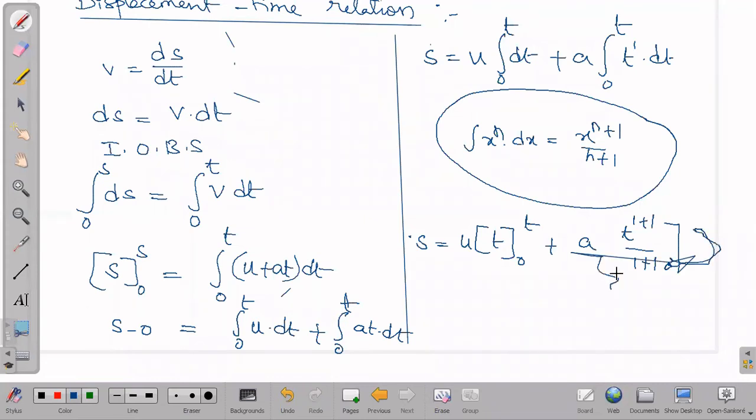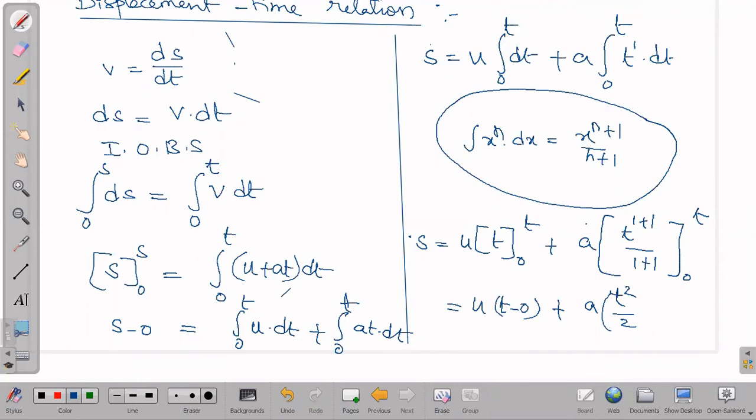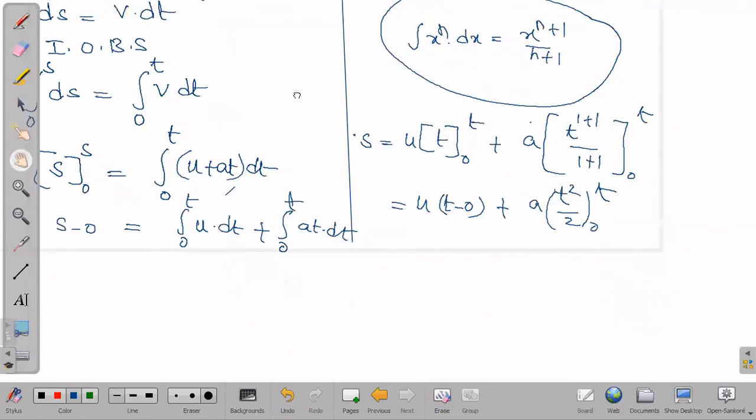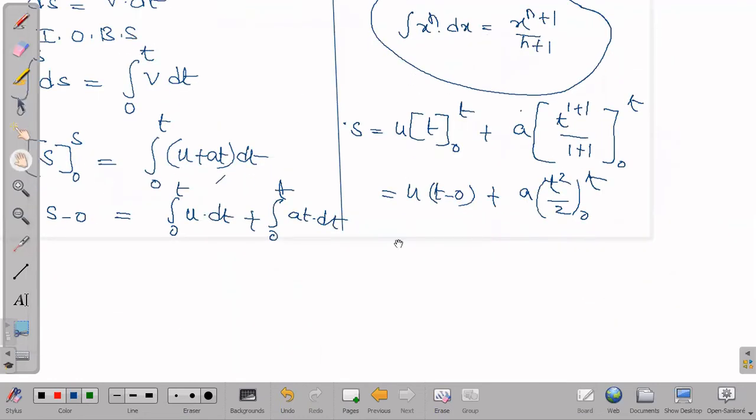Now the 0 to t limits are there as they are. If we apply these limits, what happens? u into t minus 0, and on the other side a into t square by 2, with limits 0 to t applied.